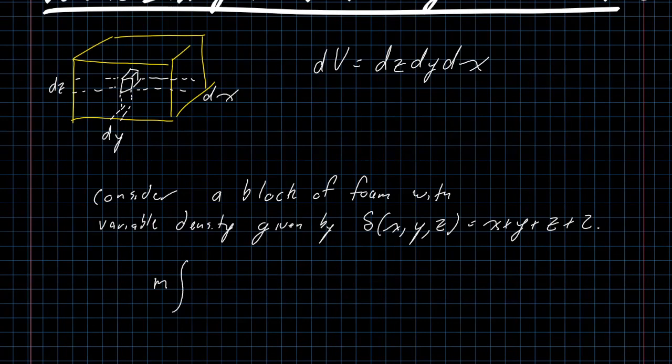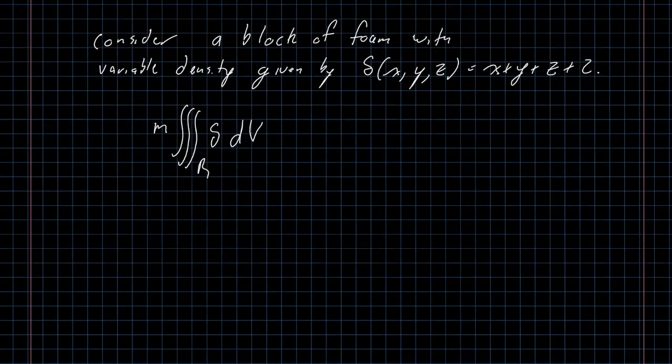And since our density is constantly changing, we want to add up all the pieces, integrate over a region the density dV. And I just realized I'm a step ahead of myself. I forgot to write down where this block lies.